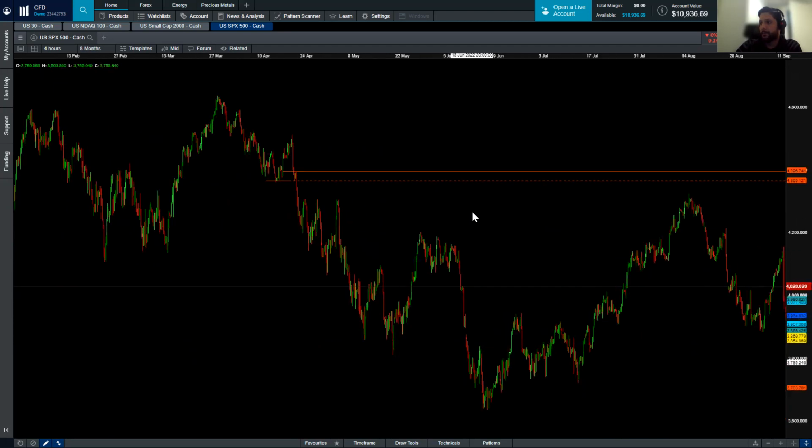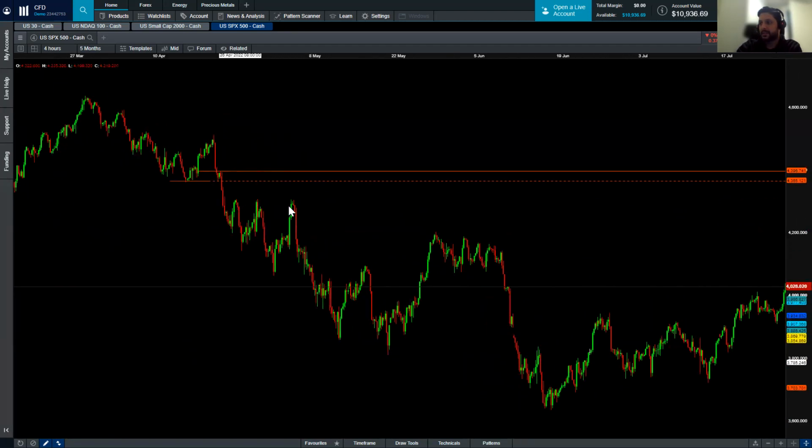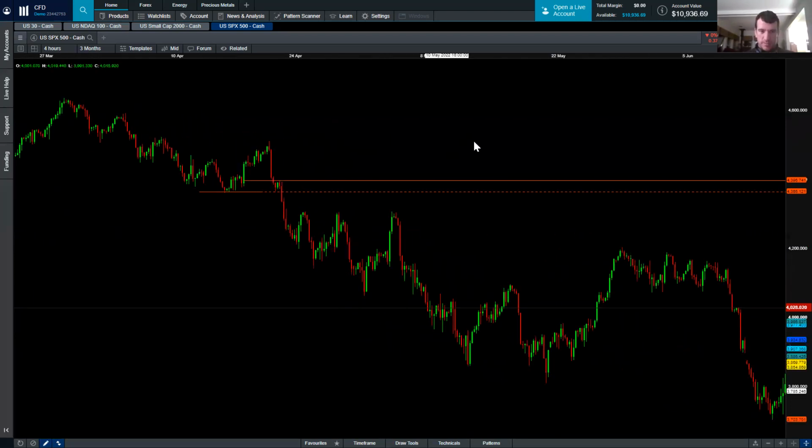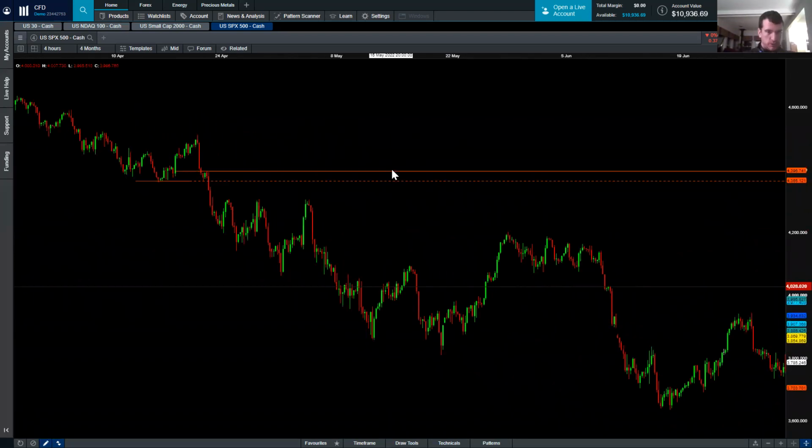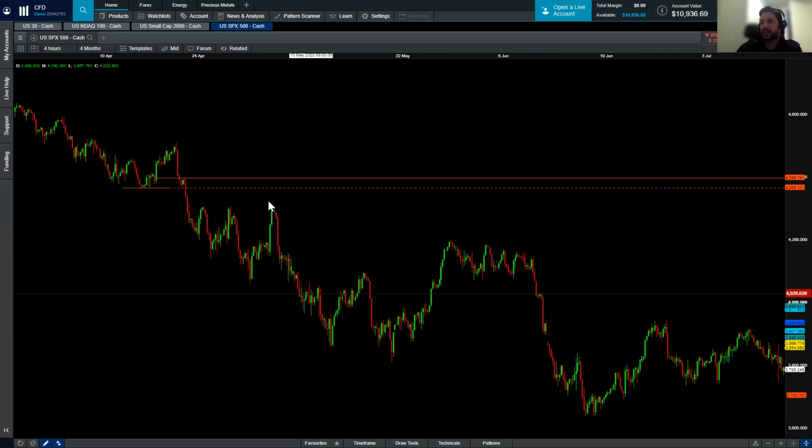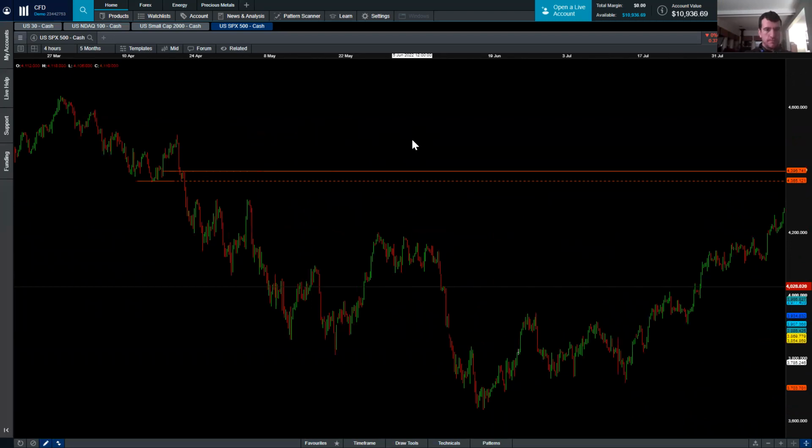Is this a base? What do you call this? Is it a base or not? I don't see a base because it doesn't look like what you just showed us. Exactly. So this is a pivot. Okay, so right now you know the difference between a base and a pivot.